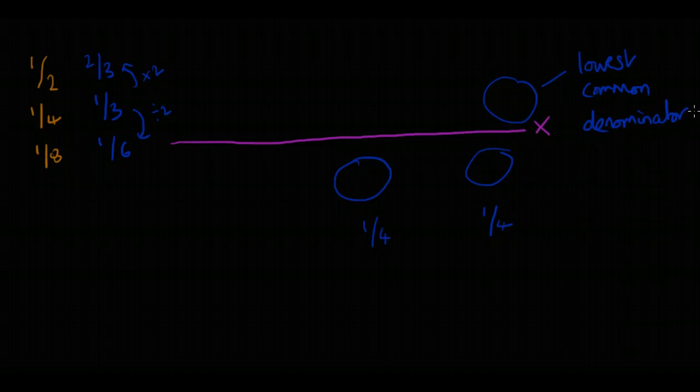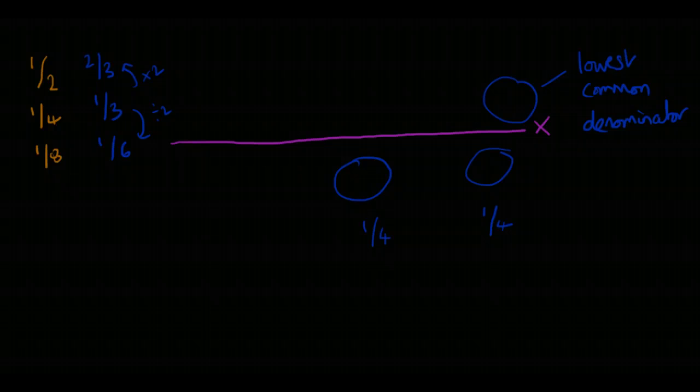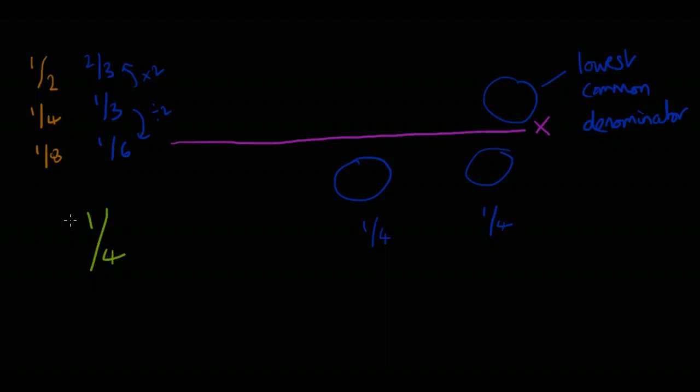And those of you who remember your maths, you should remember that in a fraction you have the numerator at the top, and at the bottom you have the denominator.